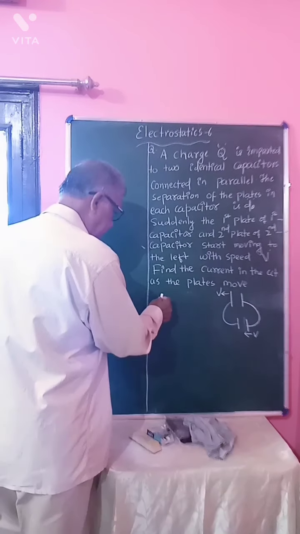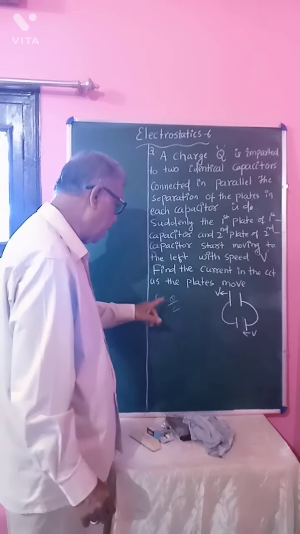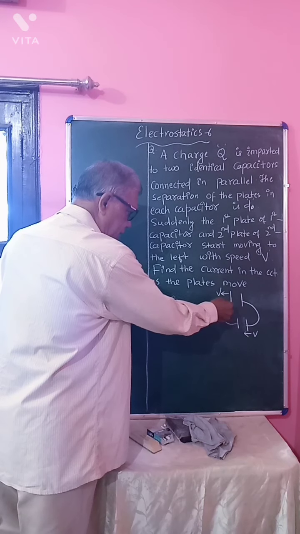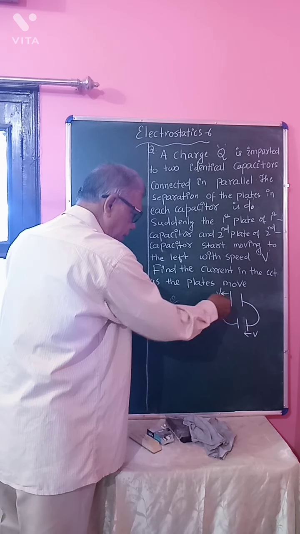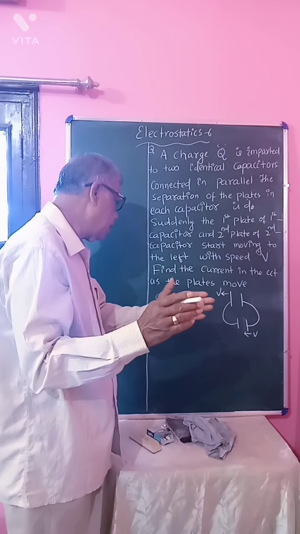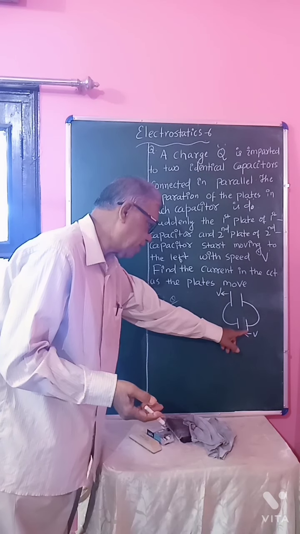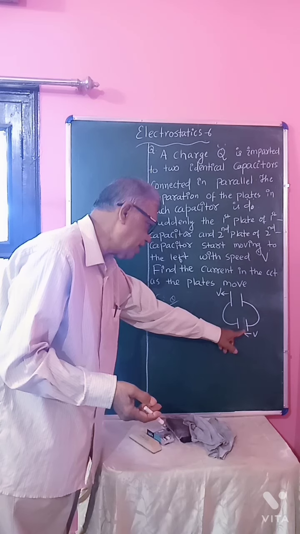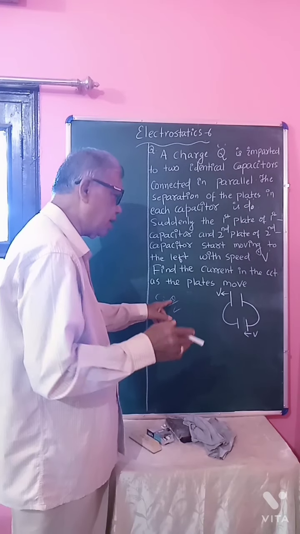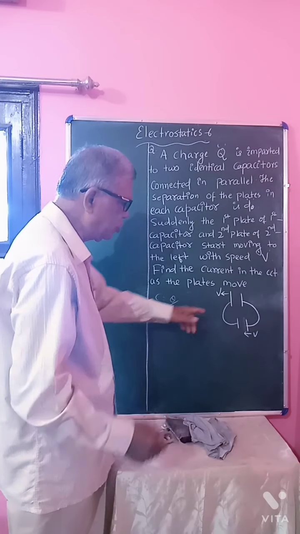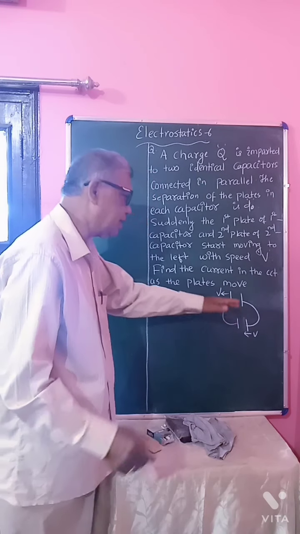As you know, C equals Q by V. Since the potential is the same in both cases, for the first capacitor the separation increases, the capacitance decreases, and it will hold less charge. Similarly, for the second capacitor, when the plate separation decreases, the capacitance increases, and since the potential is constant, it will hold more charge. So charge will flow from the first capacitor to the second capacitor from their initial values.